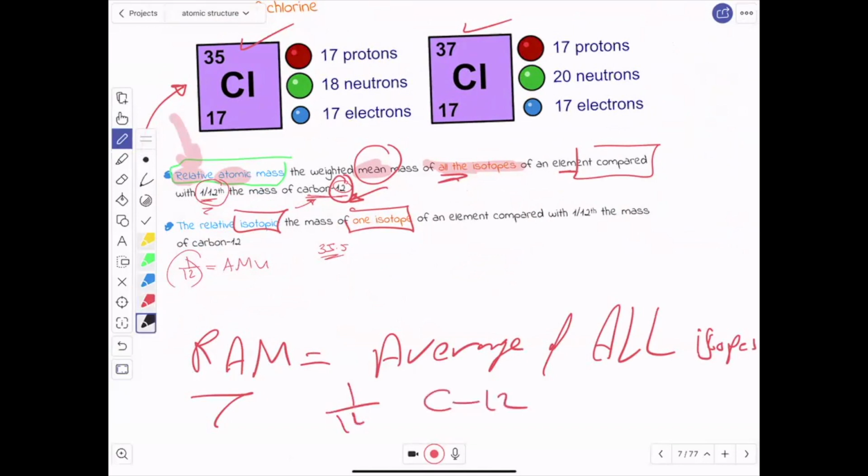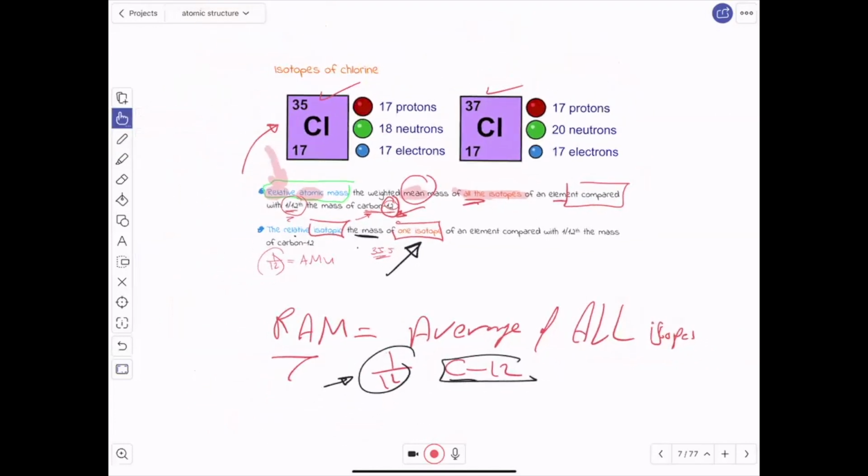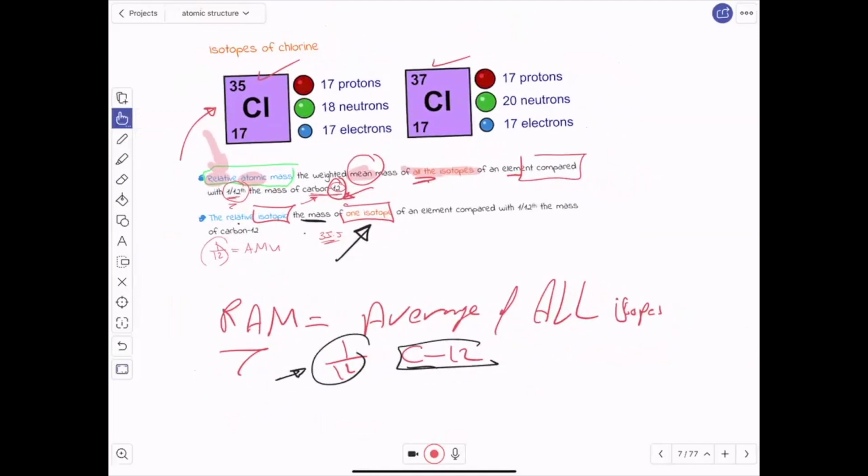So the 1 over 12 is the individual unit, and C12 is our reference in chemistry. And relative isotopic mass is the mass of one isotope. Notice I don't have average here. The word average doesn't exist for one individual isotope. All right, do you want me to repeat this or is it fine? Is it okay?